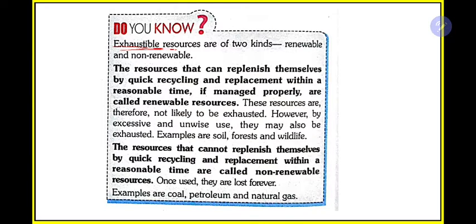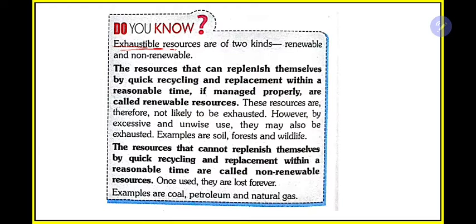For example, plants. If you cut one plant, then you plant 10 plants. That means you are cutting one, you are harming one, but you are growing another 10 plants. So you are renewing it. This is known as renewable natural resources.